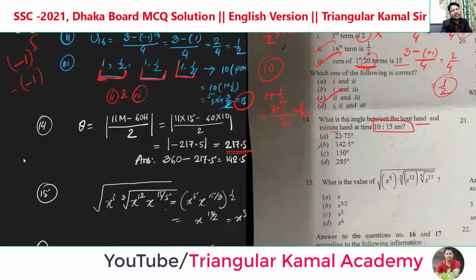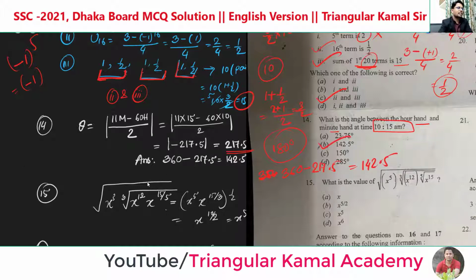When we see this angle is greater than 180, that means this is the reflex angle. So the acute angle will be 360 minus 217.5, which is 142.5, and this is our answer.